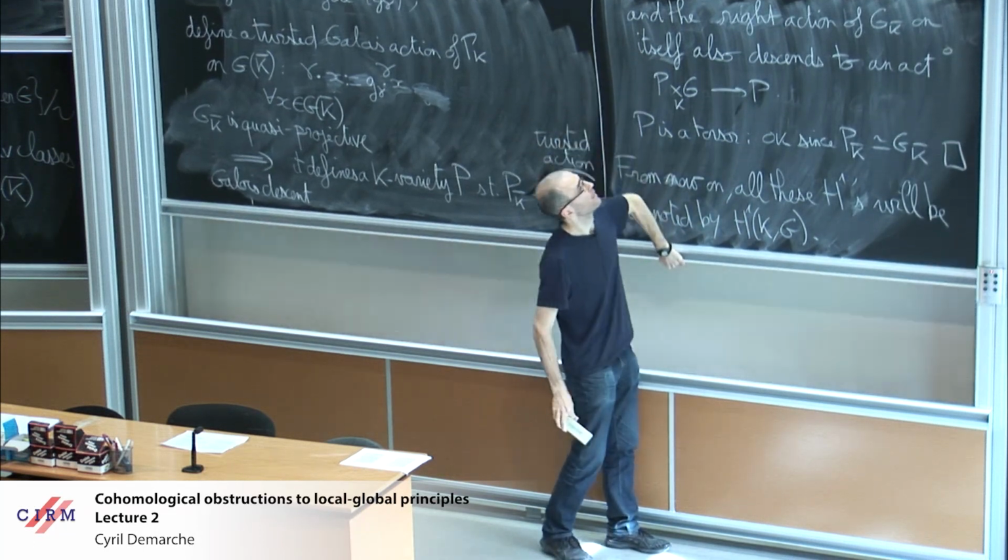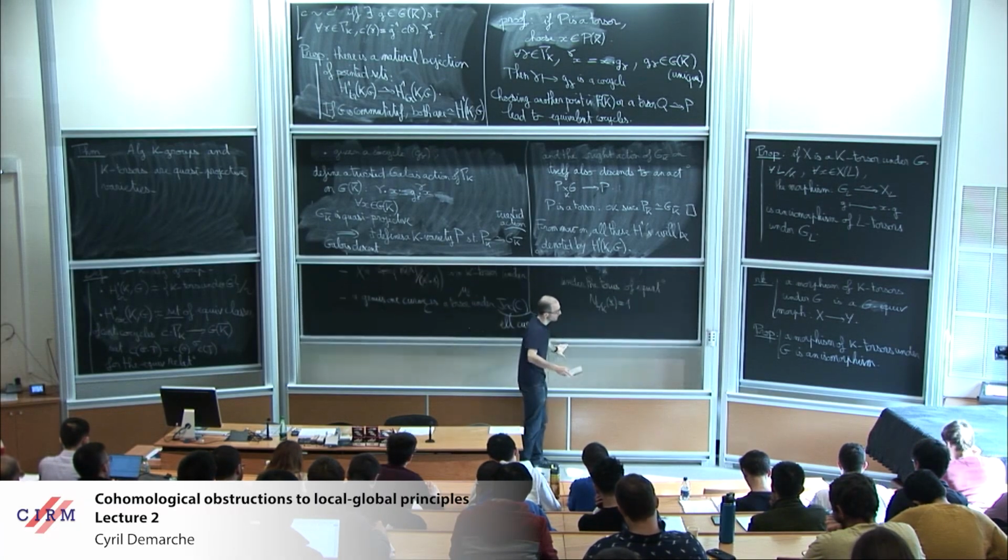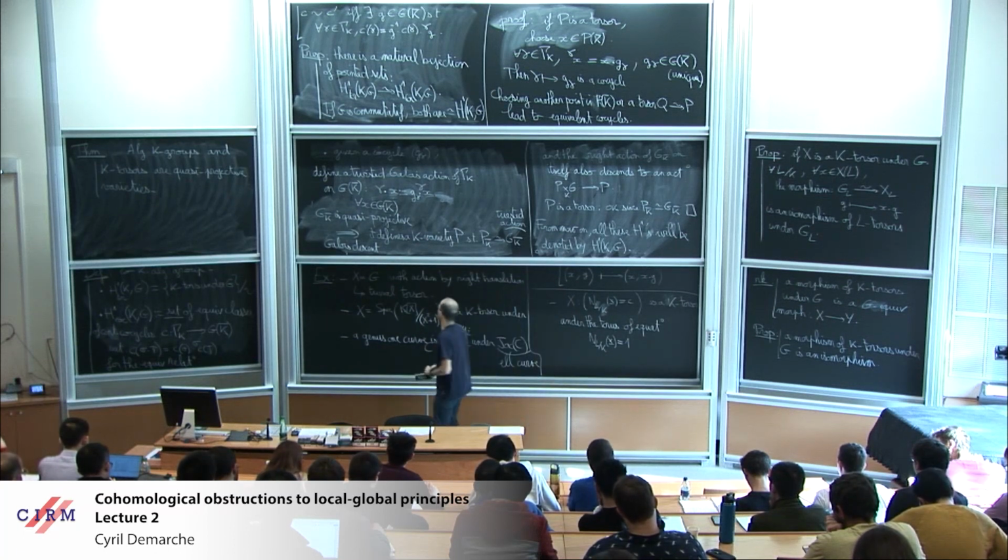Okay, so H1 classifies either cocycles or torsors.